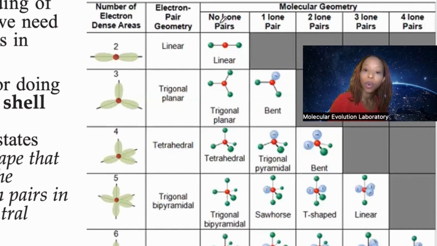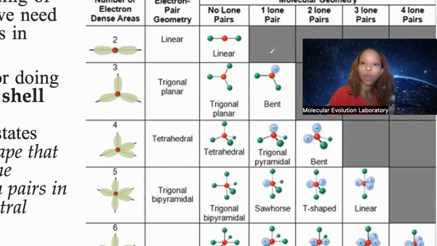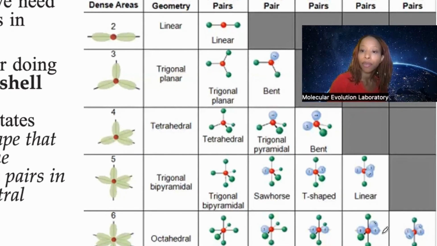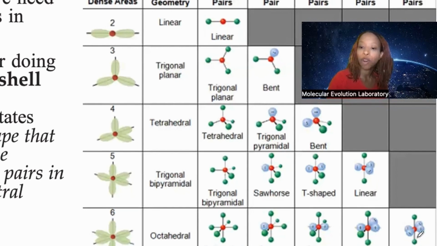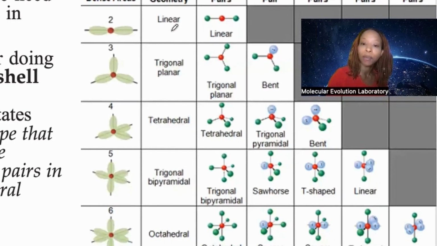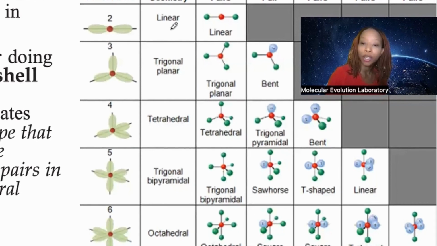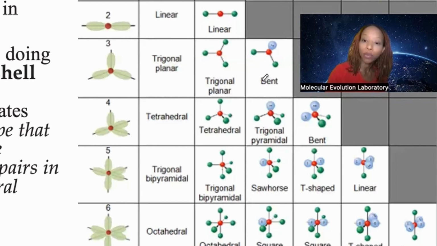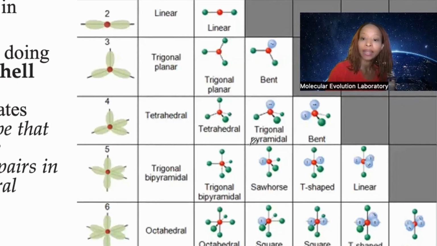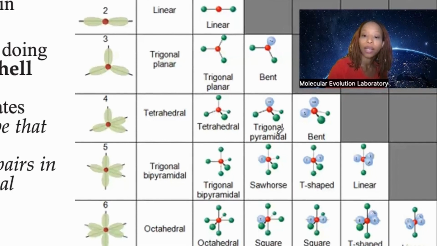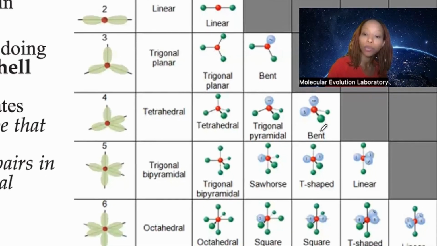So here again, the number of electron dense areas as it relates to shapes, the electron pair geometry, the ones with no lone pair, as well as 1 lone pair, 2 lone pairs, 3 lone pairs, as well as 4 lone pairs. The linear electron pair geometry has no lone pair. Trigonal planar has a bent shape with 1 lone pair. Tetrahedral has trigonal pyramidal with 1 lone pair, as well as a bent geometry with 2 lone pairs.